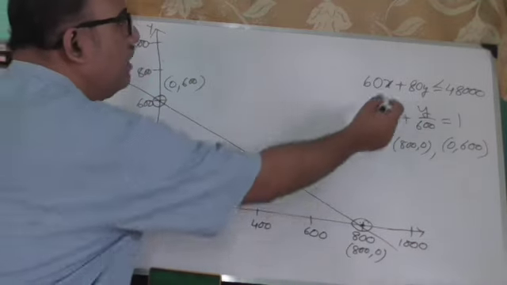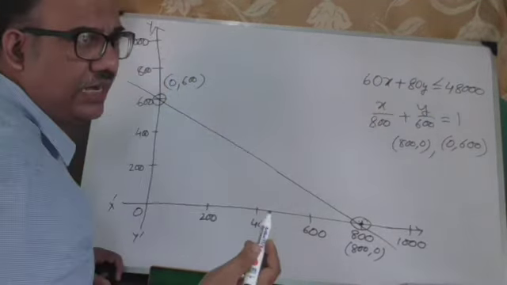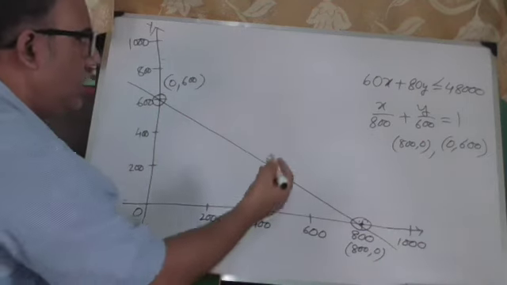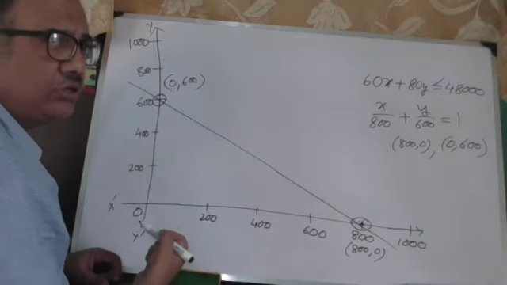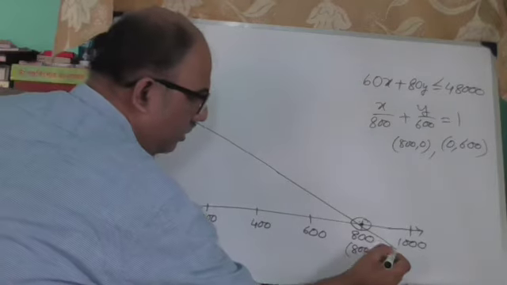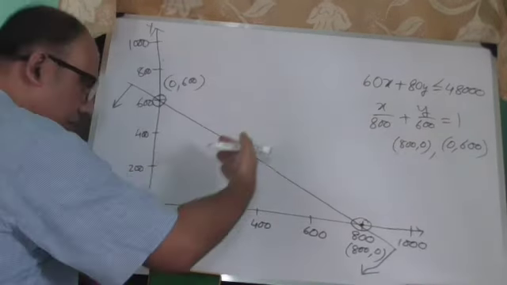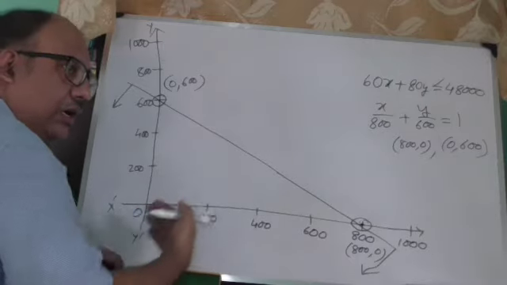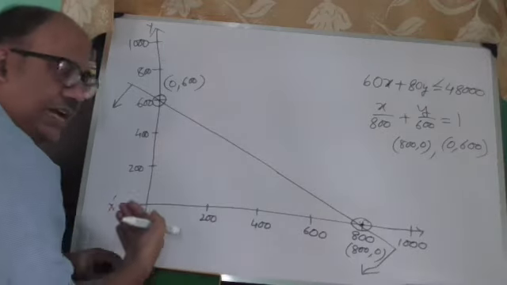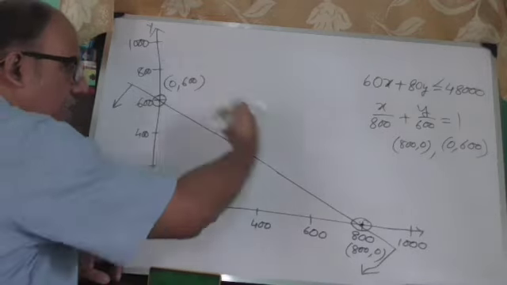Here 0 is less than 48,000, that statement is true, so the side containing 0, 0 satisfies our condition. We put an arrow like this, which indicates that our region of discussion is this side of the graph, to the left of the line.